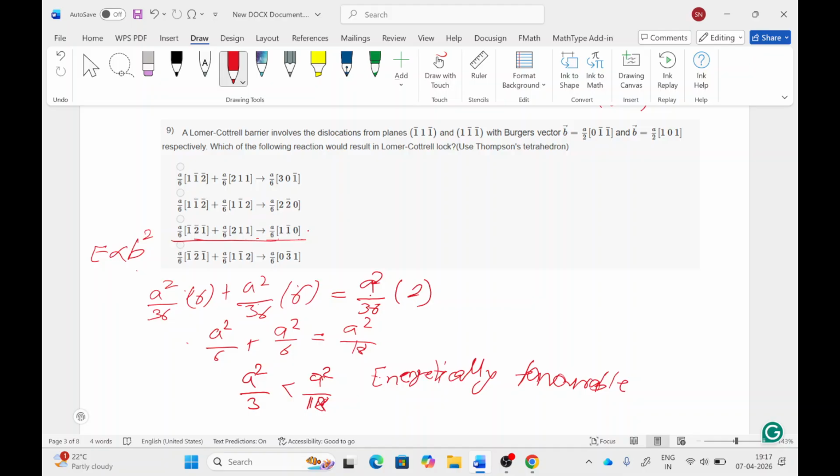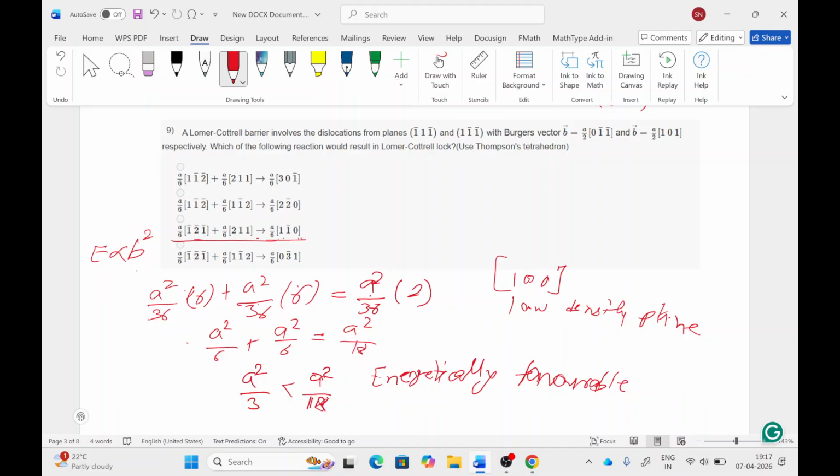And the Burgers vector, which is [1 -1 0], lies on the plane of the 100 plane, which is a low density plane. As we know, dislocations move only on planes which have high atomic density.